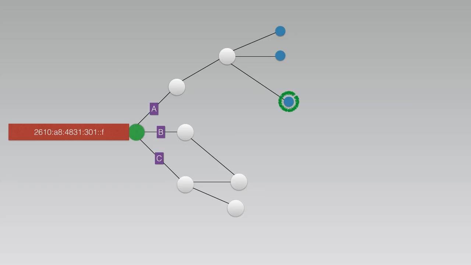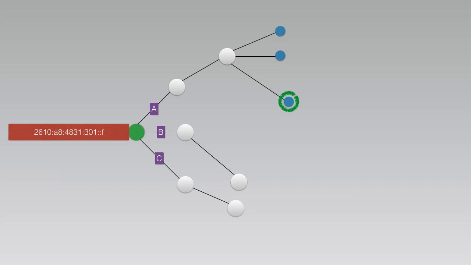IPv6 addresses, quick reminder, contain 128 bits. They're written in hexadecimal digits. Each hexadecimal digit represents 4 bits. So each block of 4 digits represents 16 bits. So 2610, the first block, is the first 16 bits. Now it gets a little tricky.